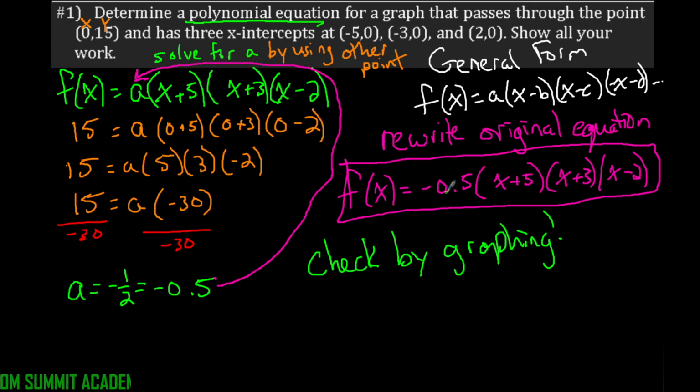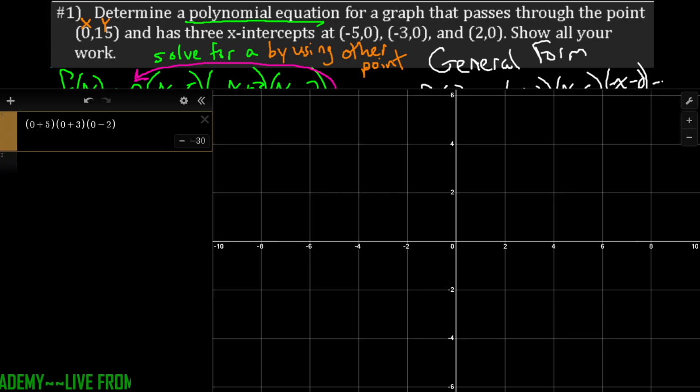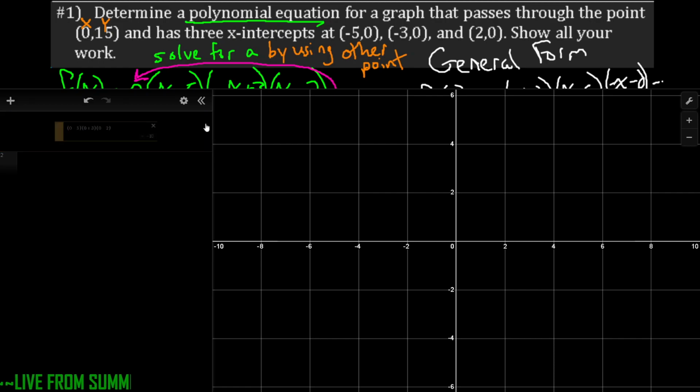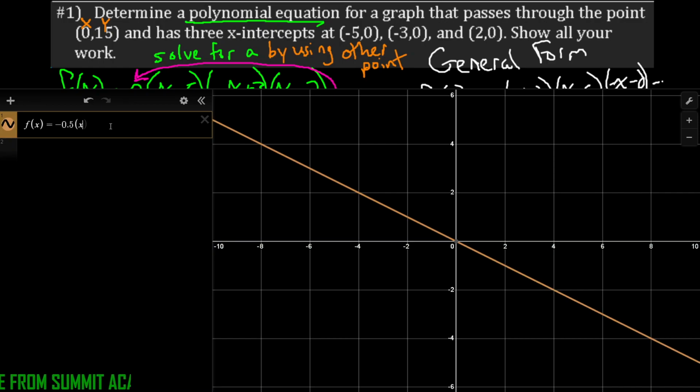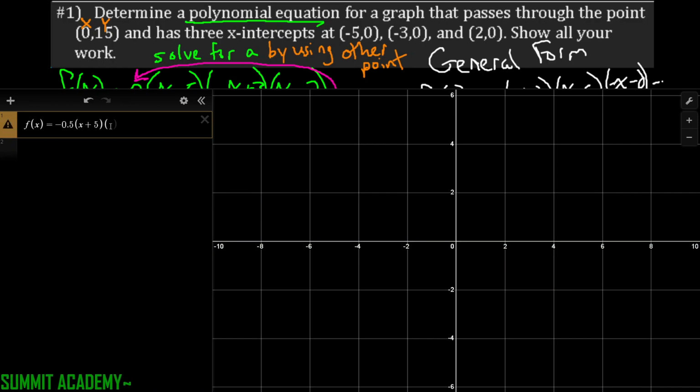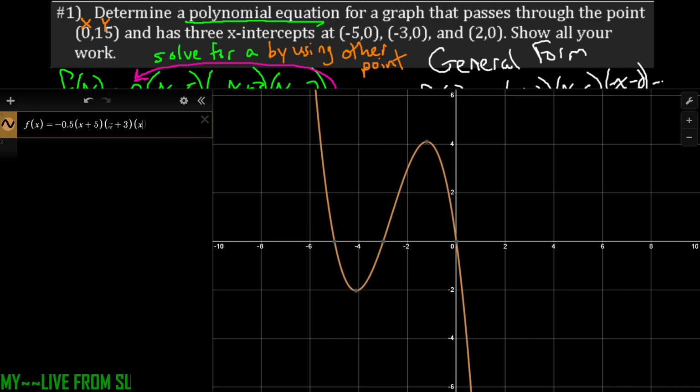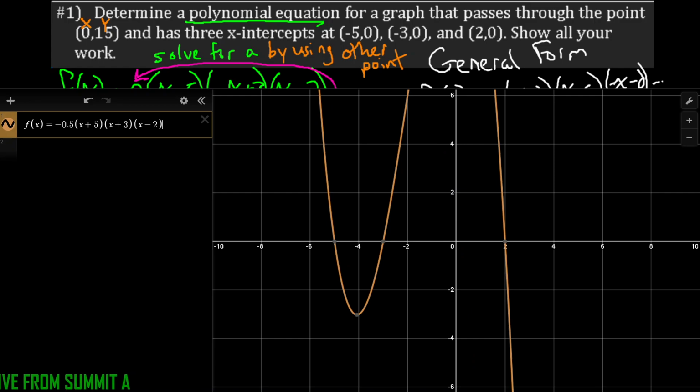Let's go back to our wonderful Desmos calculator, and let's have f of x equal to negative 0.5 times x plus 5 times x plus 3 times x minus 2.